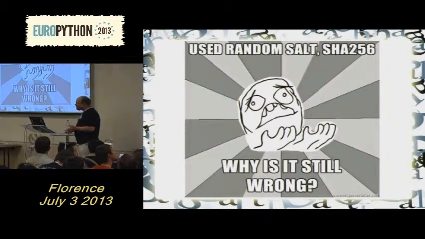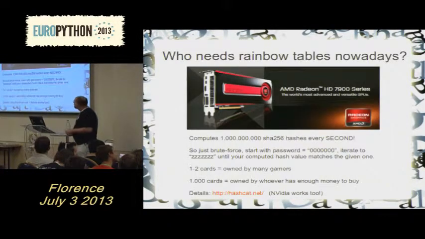But it somehow is still wrong, or rather not adequate for today. And it's because of this. So, this is an AMD graphics card. It's rather fast. It has many cores, quite quick memory. And the problem is it can compute about 1 billion hashes per second.